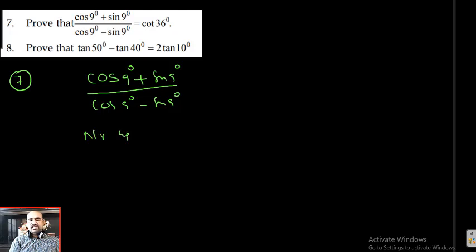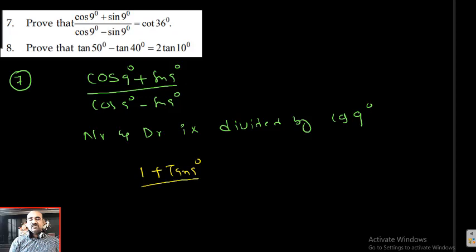Obviously, cos 9 is never 0. No problem. Directly, cos 9 by cos 9 plus sin 9 by cos 9, that is tan 9, by 1 minus tan 9.